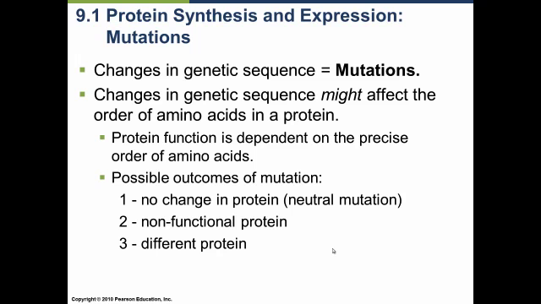Those hemoglobin proteins behave differently under low oxygen conditions and are not quite as effective in the transfer of oxygen through the body under low oxygen conditions. It's no big deal, it doesn't cause any serious consequences, but it's an example of a different protein that does the same job but a little bit differently.